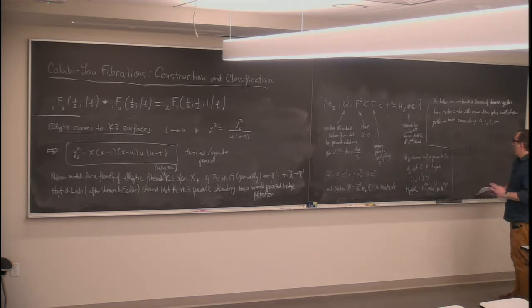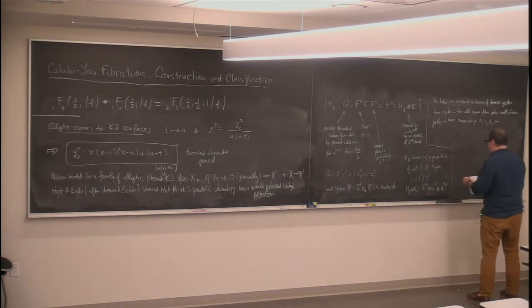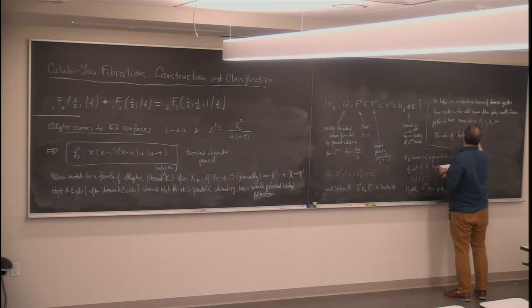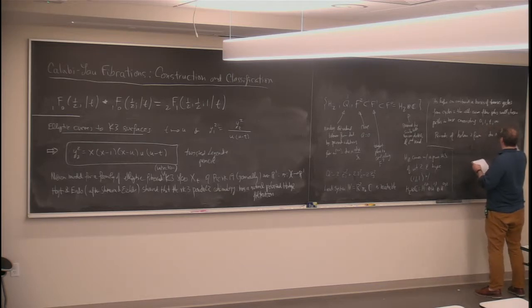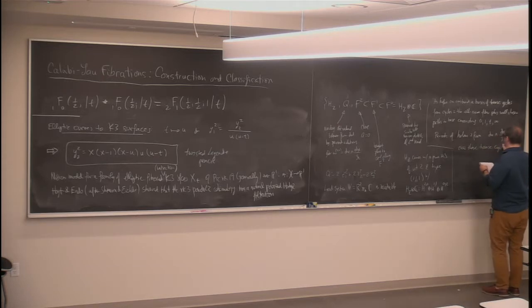Okay. So once you have your basis of transcendental cycles, you now can construct these period integrals. So you do periods of the holomorphic 2 form du wedge dx over y2 over these transcendental cycles.